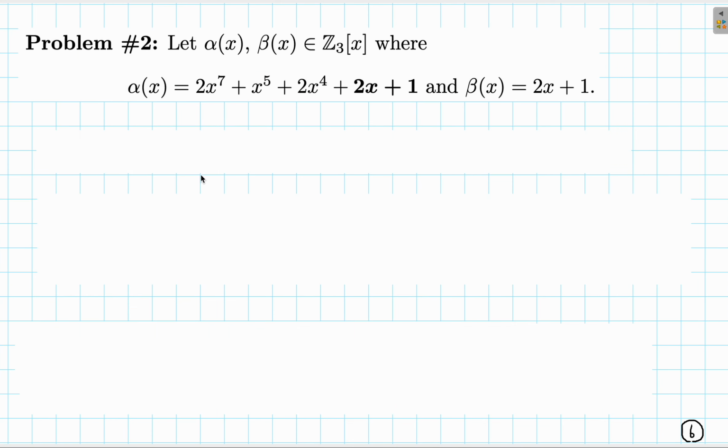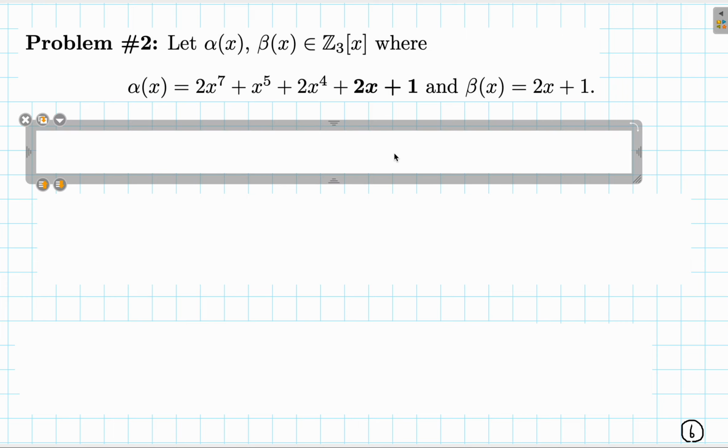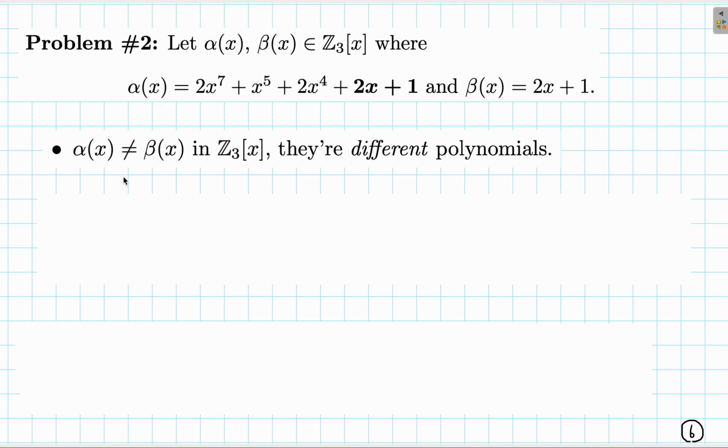In problem 2 of today's classwork, we have two polynomials, alpha of x and beta of x, as shown. Now, these are unequal in Z3[x]. In other words, they're different as polynomials because alpha of x has degree 7 and beta of x is a linear polynomial with degree 1.